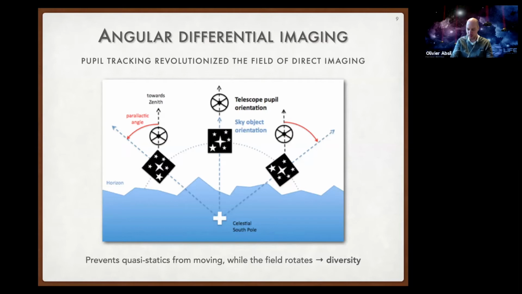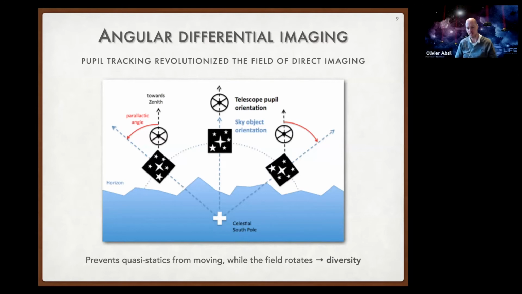A technique that was developed in the last decade that has really revolutionized the field of direct imaging is angular differential imaging. It basically boils down to keeping the pupil stabilized, so using pupil tracking instead of field tracking, while observing a specific star in the sky to look for planets around it.